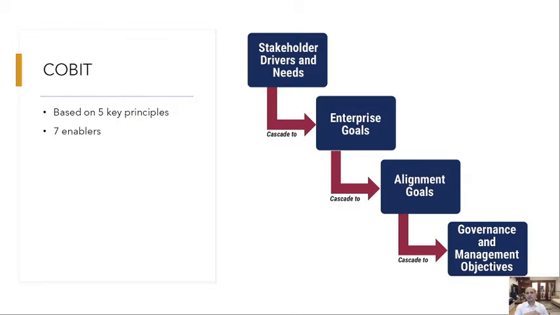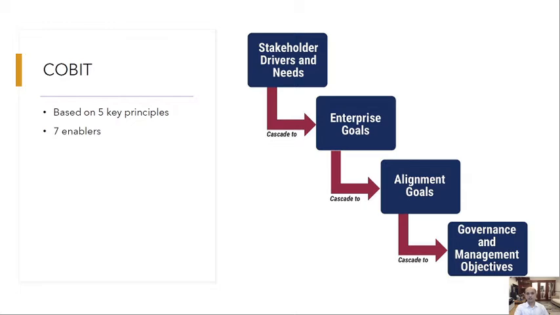So we can say principles, policy, and framework translate a desired behavior into guidelines for day-to-day management. And processes, the second enabler, are the activities that achieve a goal and produce an expected output. The organization structure are the people or the group that make decisions. Culture, ethics, and behavior of individuals and the entire organization are key to success.